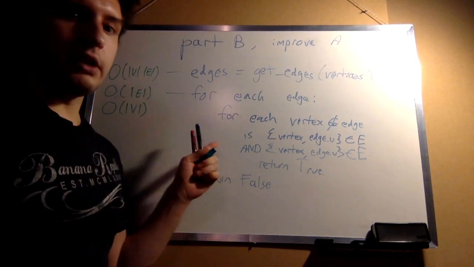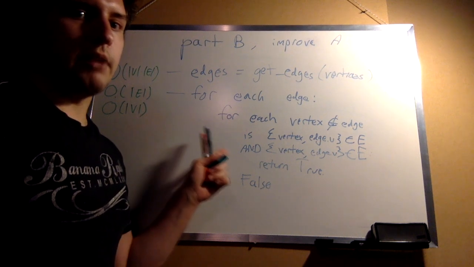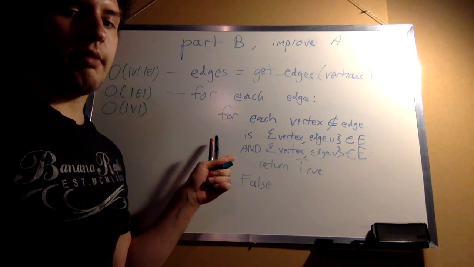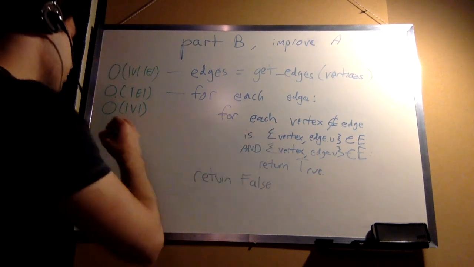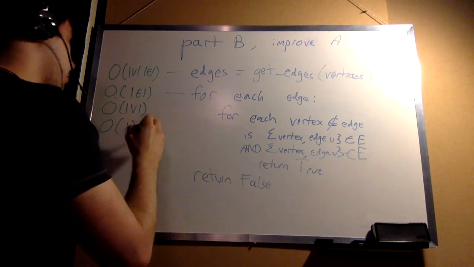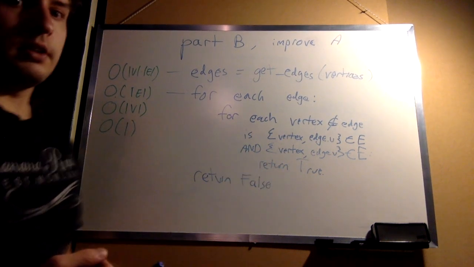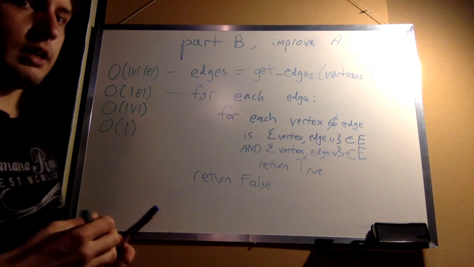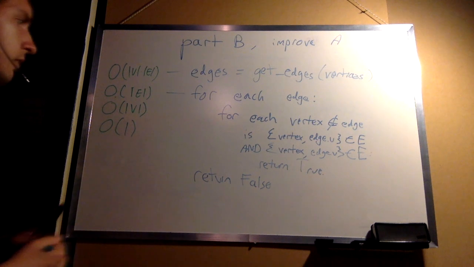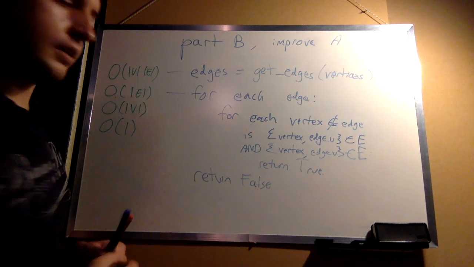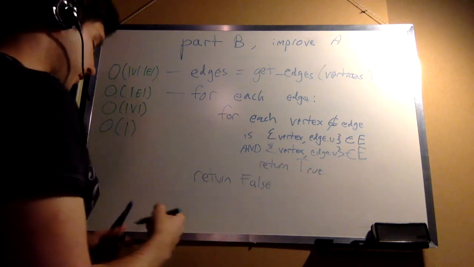Right, so we're going to have to do the conversion again to adjacency matrices to make these constant time. So we'll just write this as constant time. I'm not going to explain again how to do that. Suffice it to say that it'll work out because we already explained that in part A. Returning true is O of 1, returning false is O of 1.